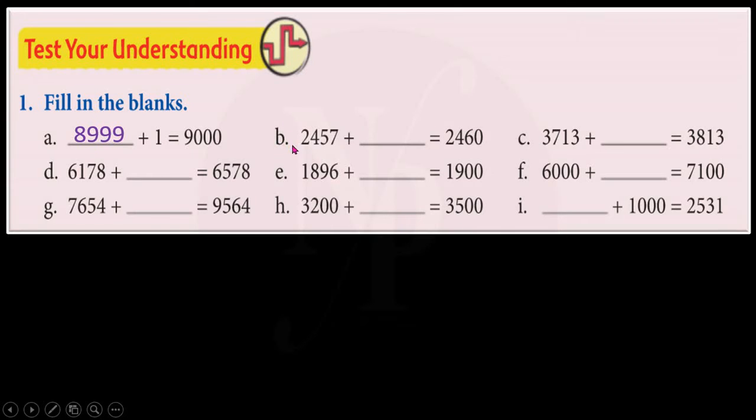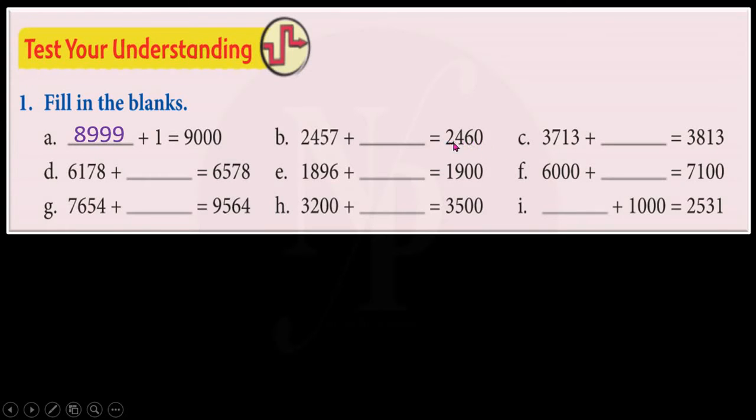Coming to B, look here, we have 2,457 plus a number we should find and write here. So I am adding a number, so the number becomes 2,460. So now see, which number should be added to 2,457 to make it 2,460?